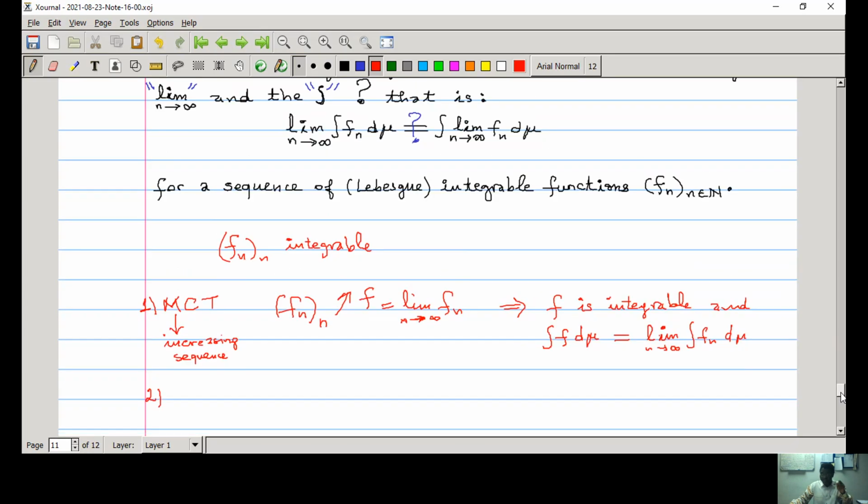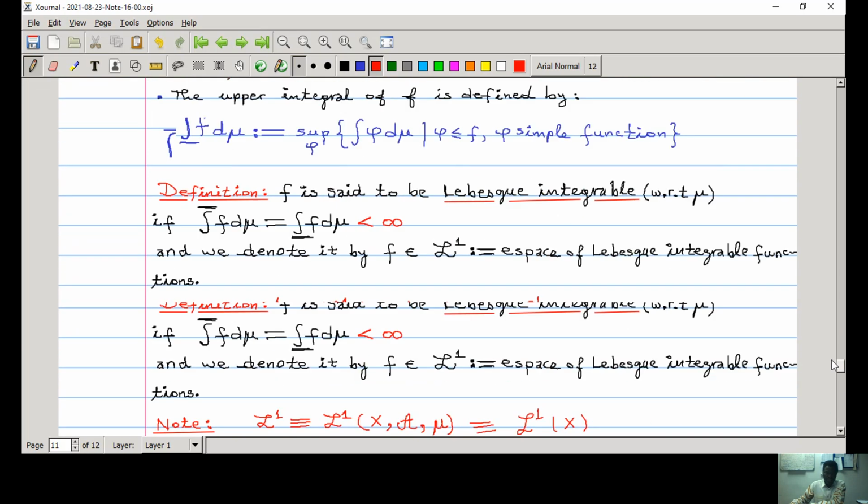There's a Fatou lemma that we stated, but that was the Fatou lemma for measures, where you use the limit inferior. And there was an inequality.